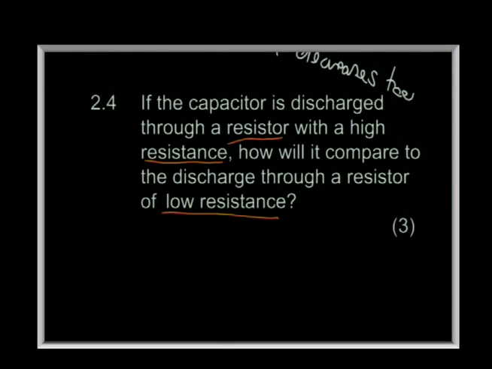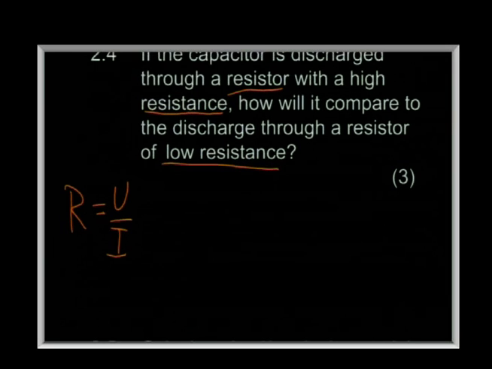If we've got a high resistance, R is equal to V over I. So if we've got a certain potential difference and the resistance is high, then what's going to happen to the current? Current is going to discharge through that resistance. The charges will flow. If it's high, the charge isn't going to move as quickly. The resistor will resist the movement of charge.